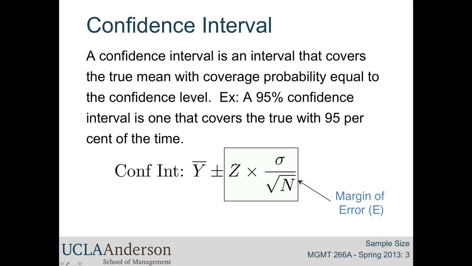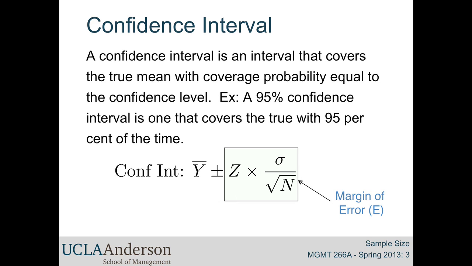This z is a value from the standard normal random variable table, and that determines the number of multiples. The one you probably remember is 1.96, or approximately 2. That's associated with a 95% confidence interval. But in general, if I want to have more confidence, I'm going to have a larger interval.